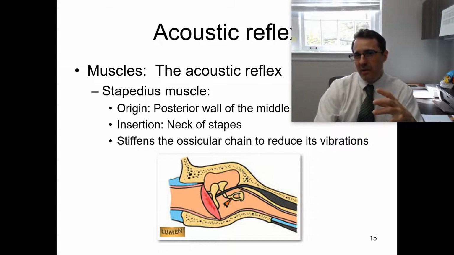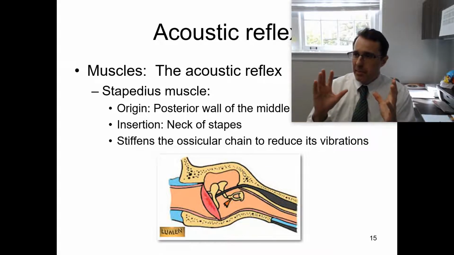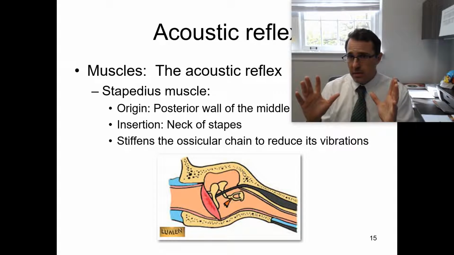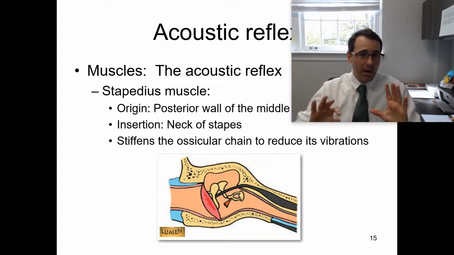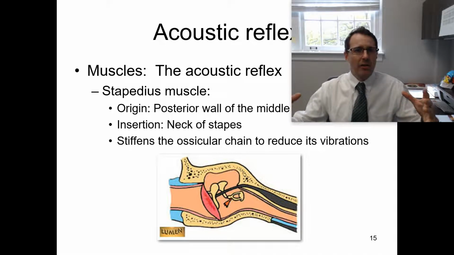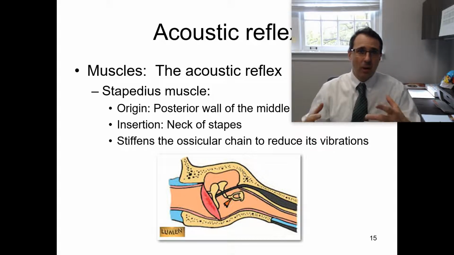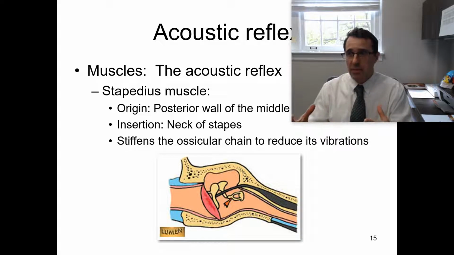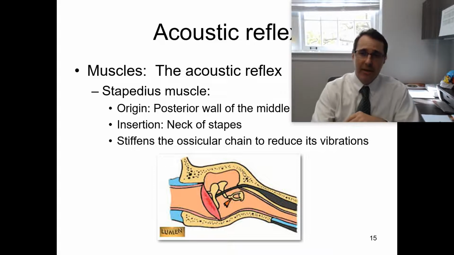So the acoustic reflex is able to protect our hearing to some degree in a more natural environment where we are not exposed to unnaturally loud industrial sounds. But in modern society, where we are constantly exposed to unnaturally loud sounds, the acoustic reflex doesn't do so much to protect our hearing.